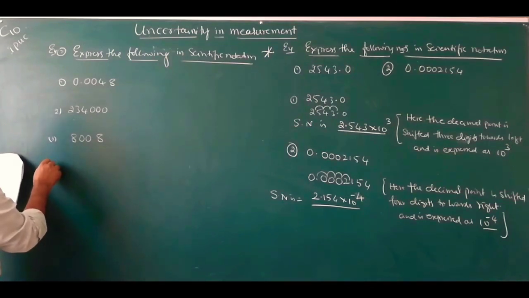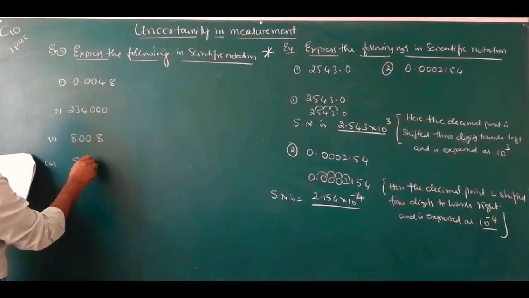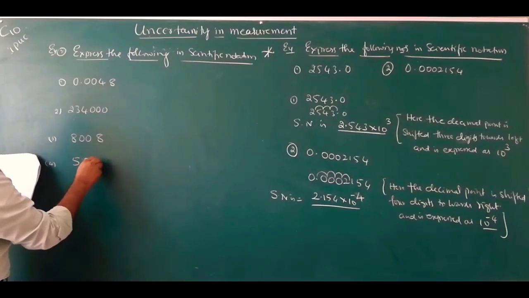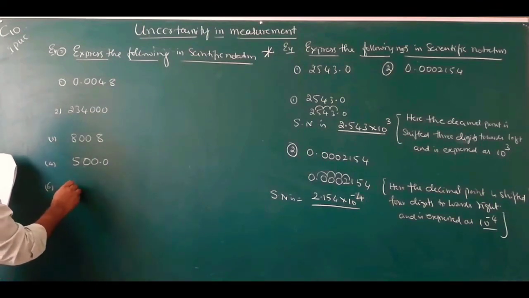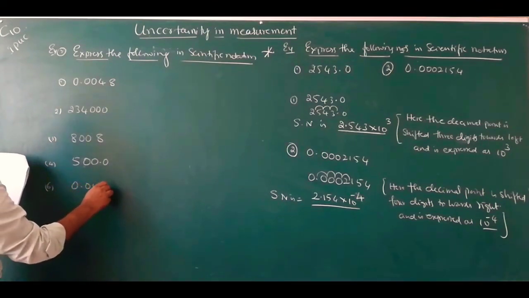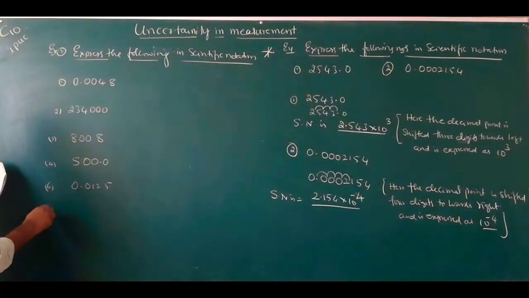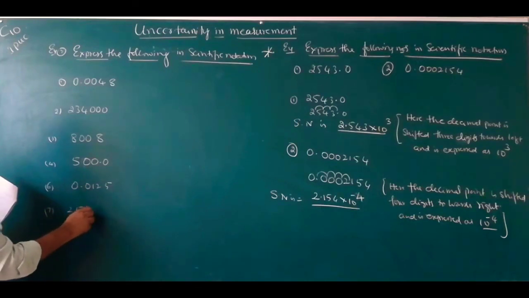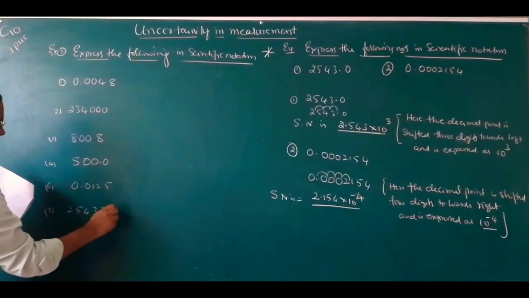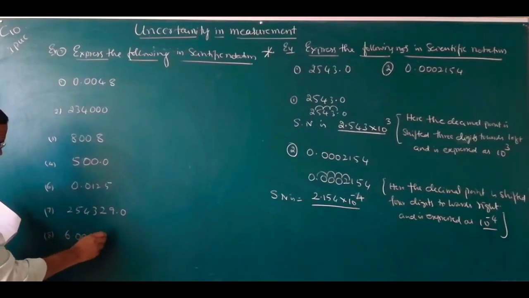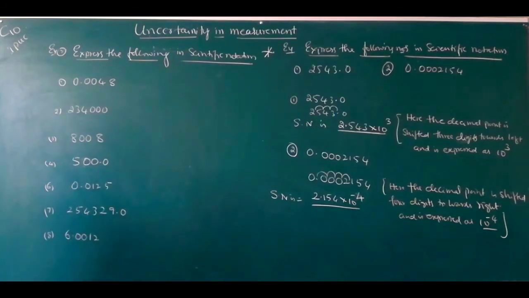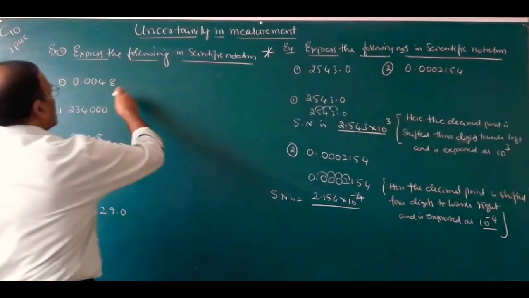Number 4, 500.0. Number 6, 0.0125. Number 7, 254329. Number 8, 6.0012. So these are the numbers.